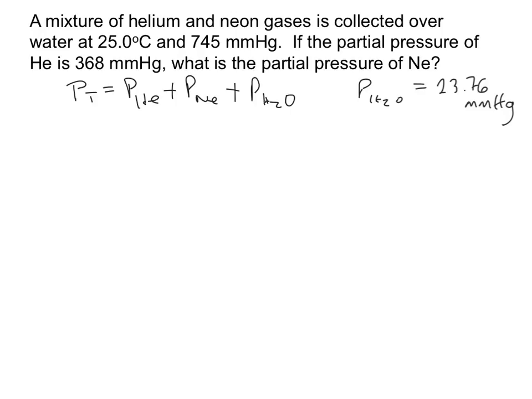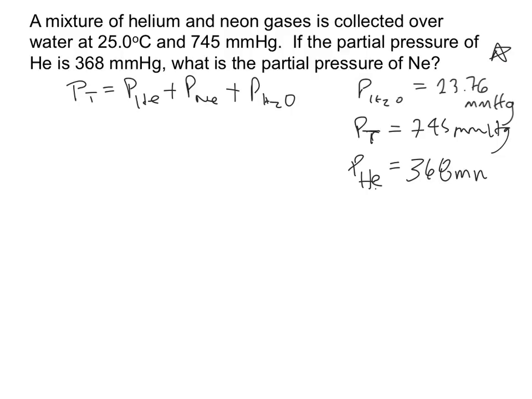Now we know our temperature, so we go to that chart and we figure out that our pressure over H2O is as follows. Okay. We do know our pressure total because we know our atmospheric pressure. Okay. We also know our pressure of our helium, because that's been given to us.